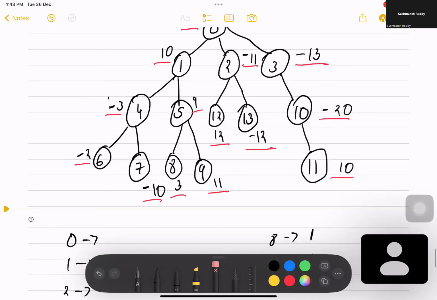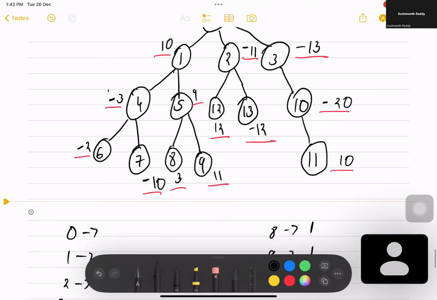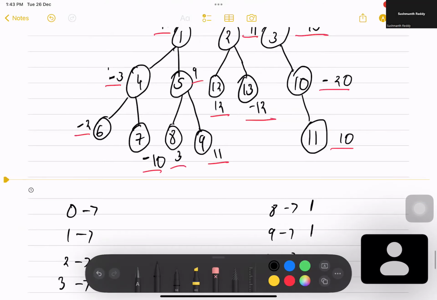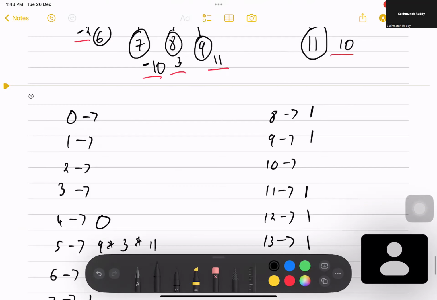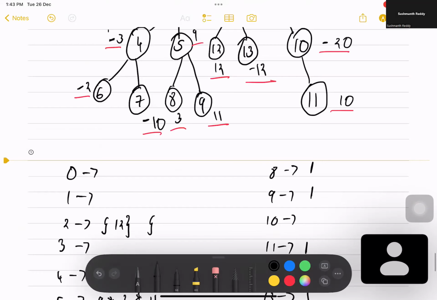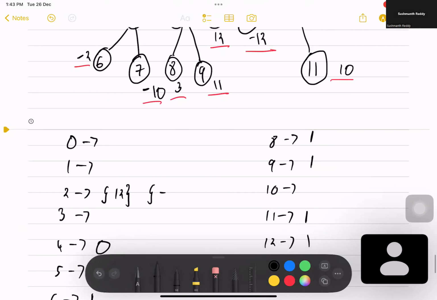While we are backtracking, we can just maintain the data of the top 2 negatives and 3 top positives, like minimum 2 negatives and maximum 3 positives. So here if we see, we have 1 positive and we have -12 and -11. These are the 2 negatives that we have.